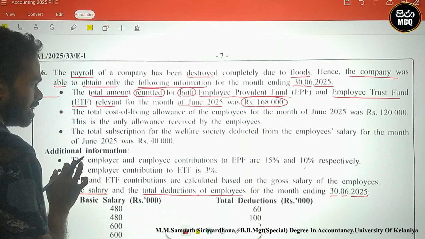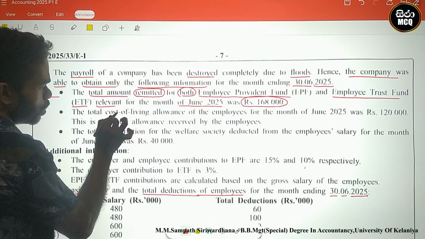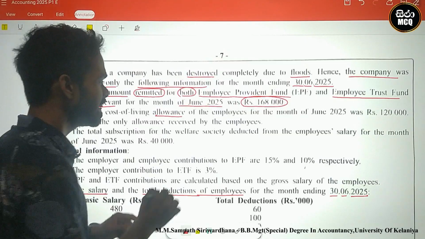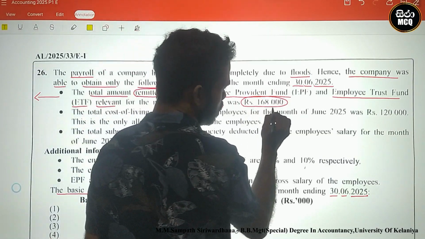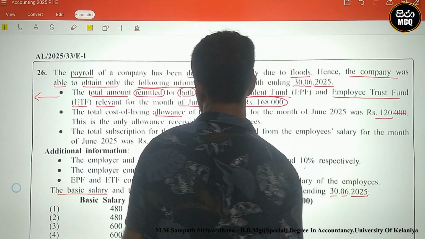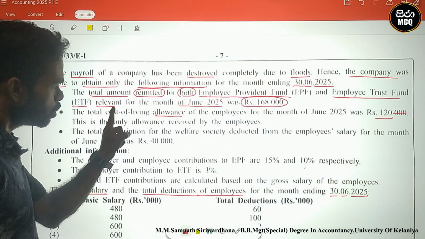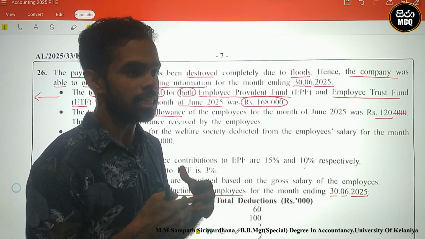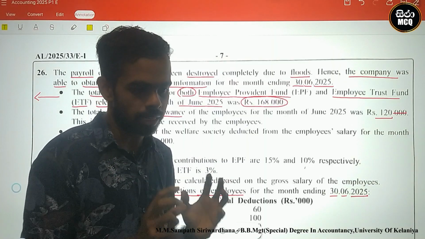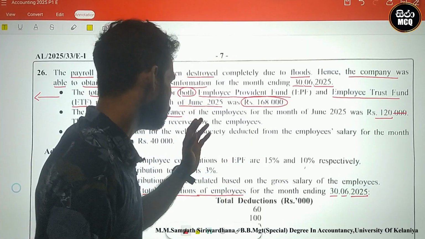Look here, what is the second one? The total cost of living allowances of an employee for the month of June 2025 was 120,000. This is to be added to the salary sheet, to gross salary.